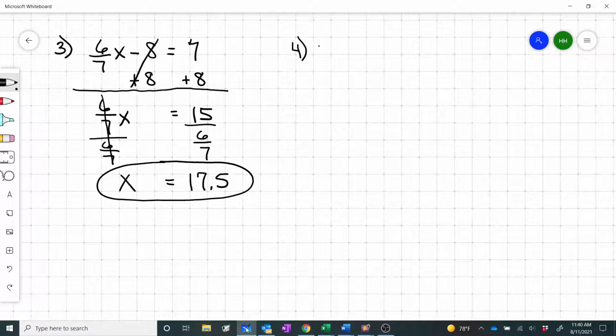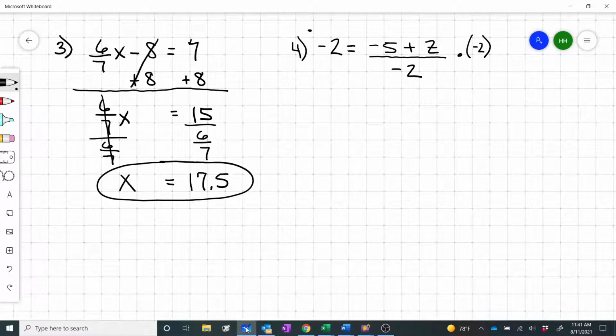Number 4 was negative 2 is equal to negative 5 plus z, and it's all being divided by negative 2. All right, when you've got this negative 2 down here in the denominator, you can multiply both sides by negative 2.